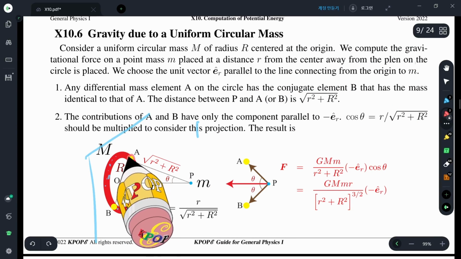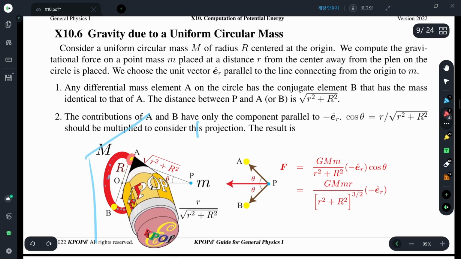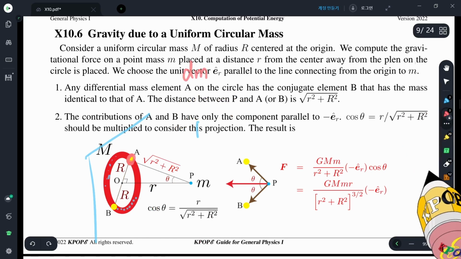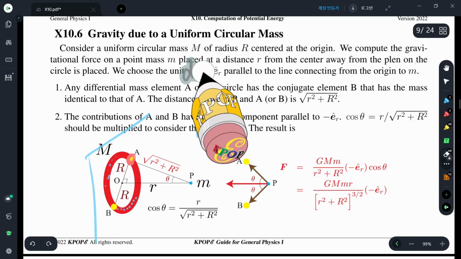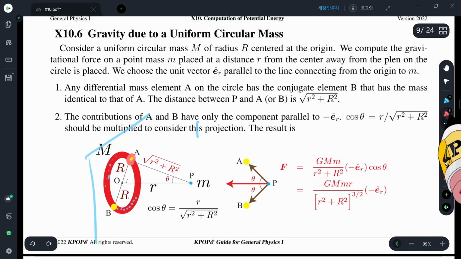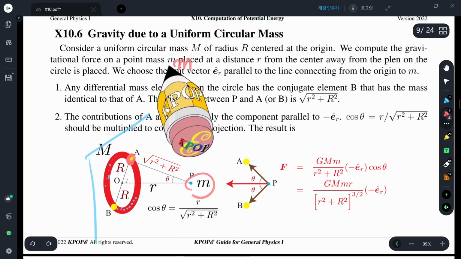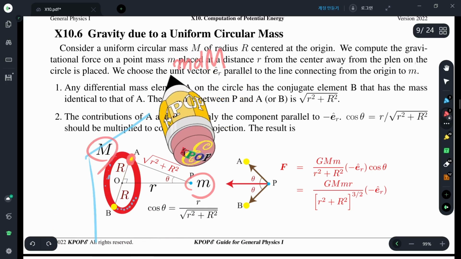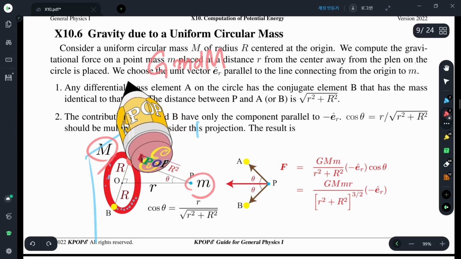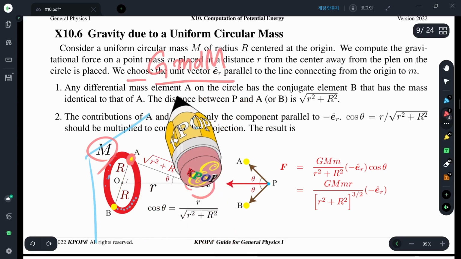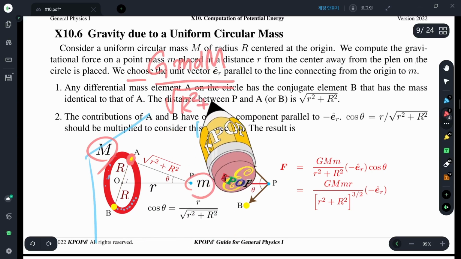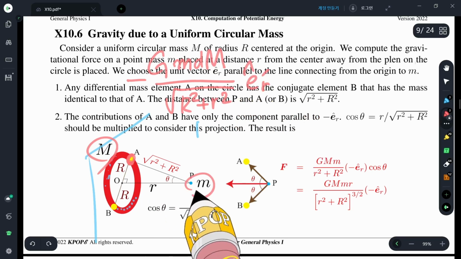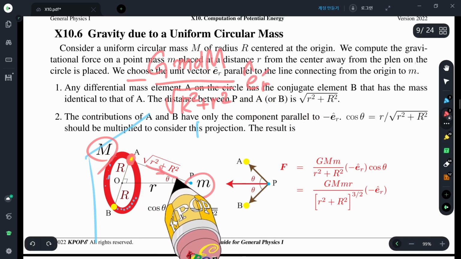The force between a simple dm, let's use a different notation, because this is a small m, I have m, and the capital M is the total mass, and G is the strength, and minus the distance squared, and a unit vector in the direction of the line from the ring element to the mass.